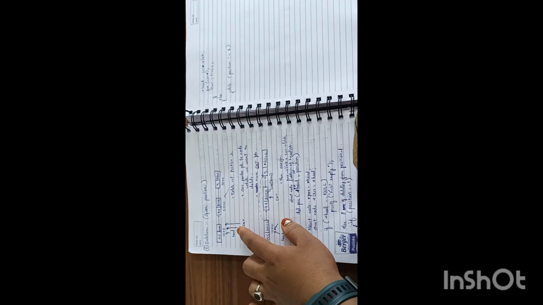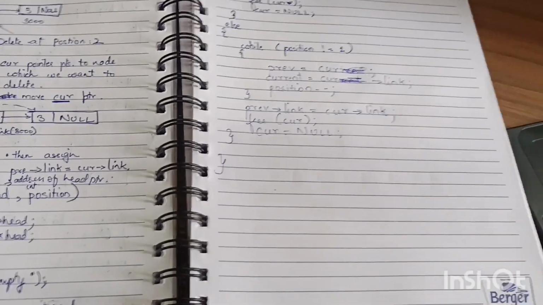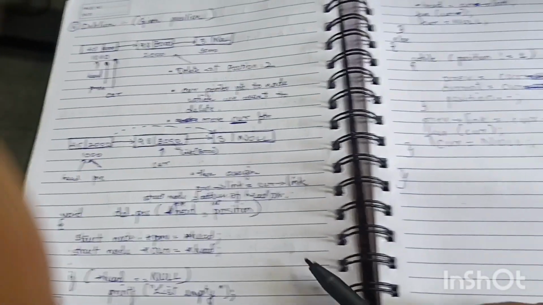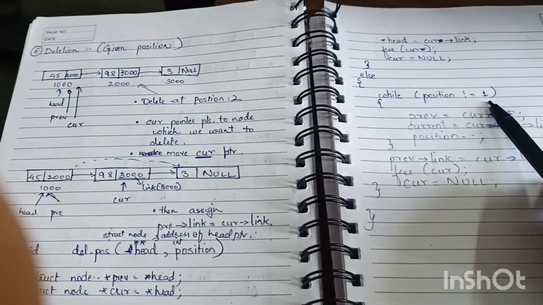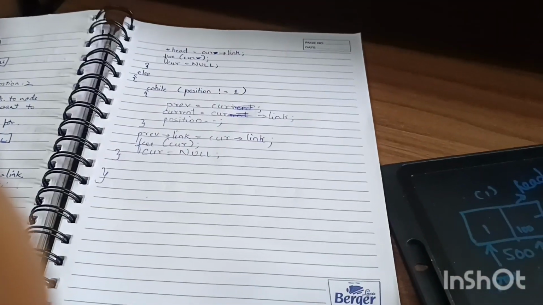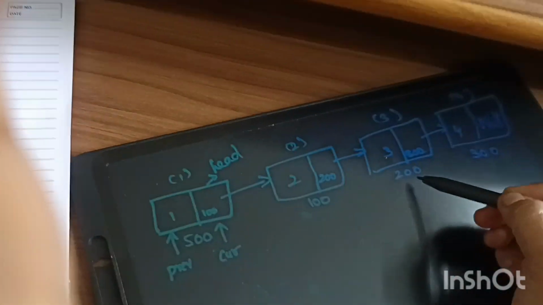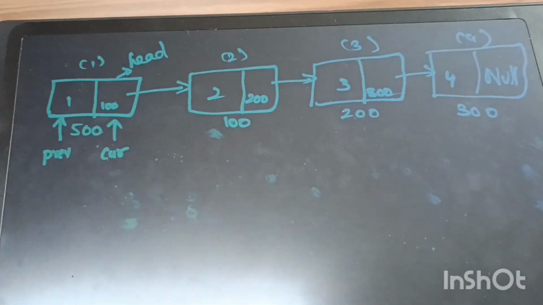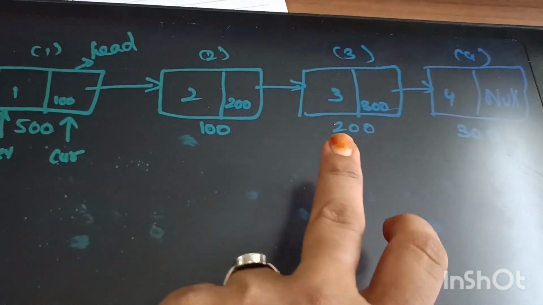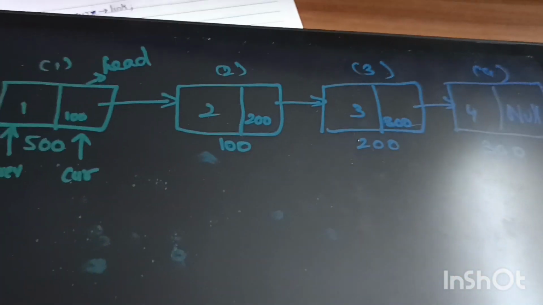If it is not the case, now as we have stopped here, we will start from position minus 1. Say the position to be deleted is 3. So this is our linked list, where we want to delete this particular node.